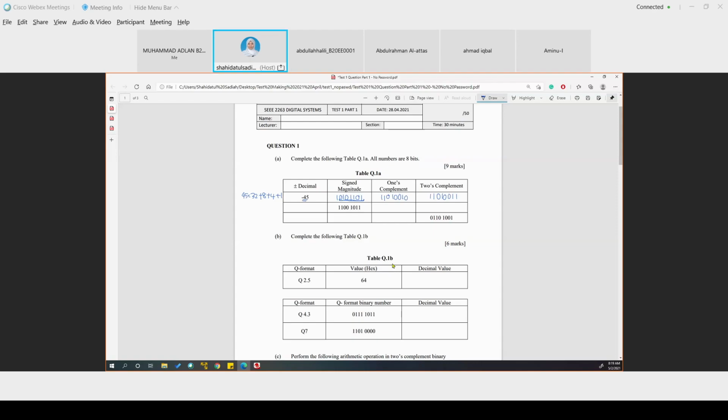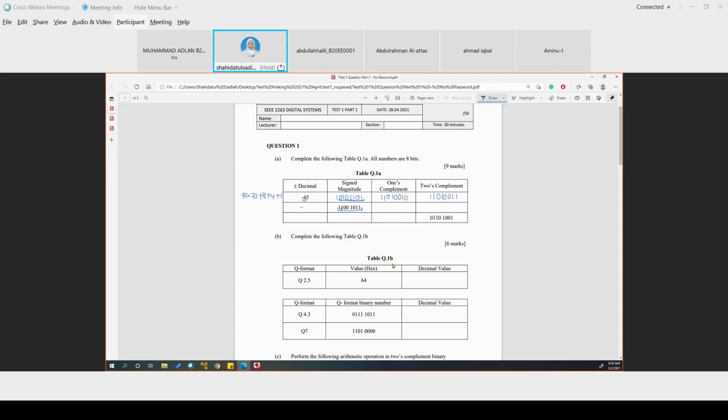The second question is you're given a sign magnitude number and you want to find the decimal, one's complement, and two's complement. So now let's first find the decimal number. These 7 bits go to the normal binary, and this is the sign bit, so the number is negative.